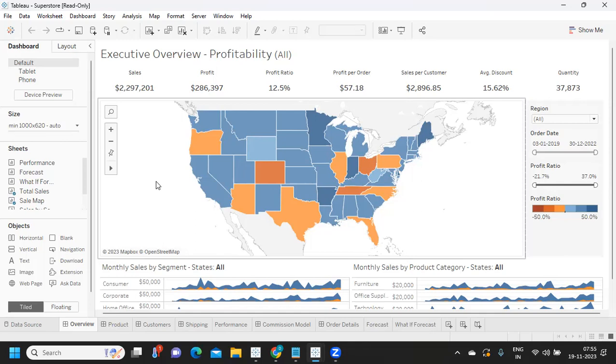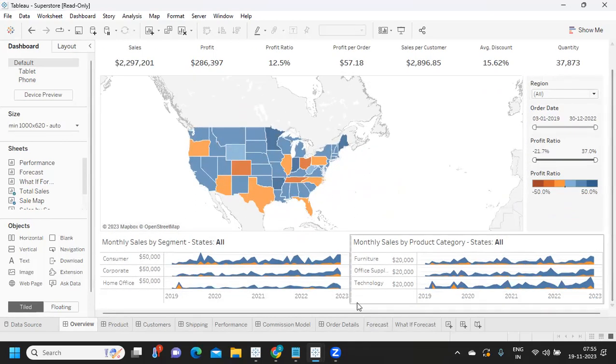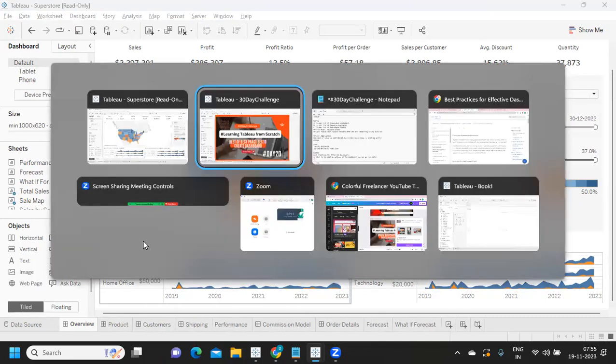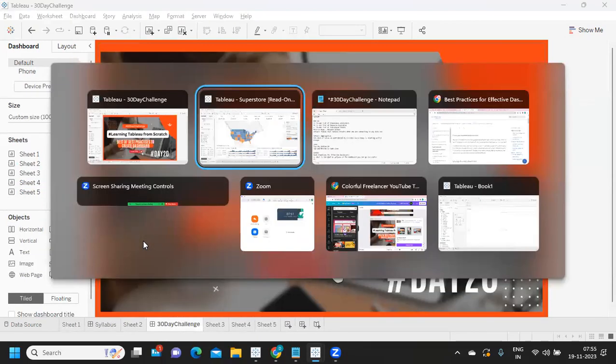Not like your important information of the dashboard you are putting towards the end of the dashboard, and that gets missed out. Right. So we don't want that to happen. So you always have to use the important metrics of your dashboard on the top, so that it is getting conveyed clearly. This is the second point that we need to understand and remember whenever we are trying to create a dashboard.